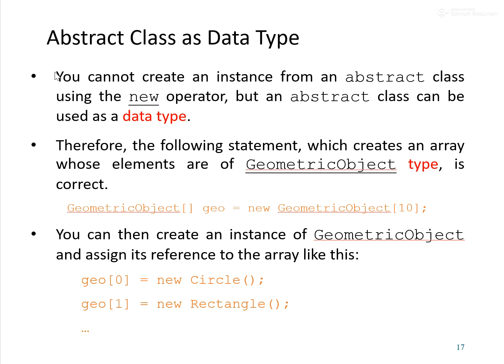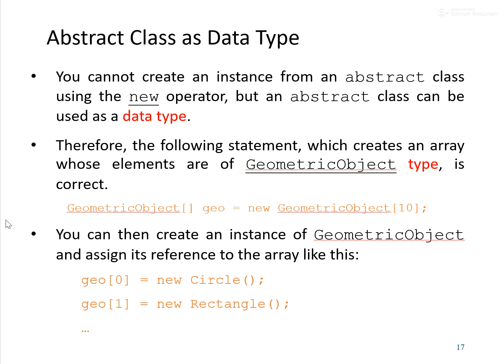Now, like I said, you cannot create an instance of an abstract class, but you can use it as a data type. So for example, this line over here creates an array of 10 geometric objects. Geometric object is abstract. Now, you might say, hey, how is that possible? But remember, this line alone does not create any object.